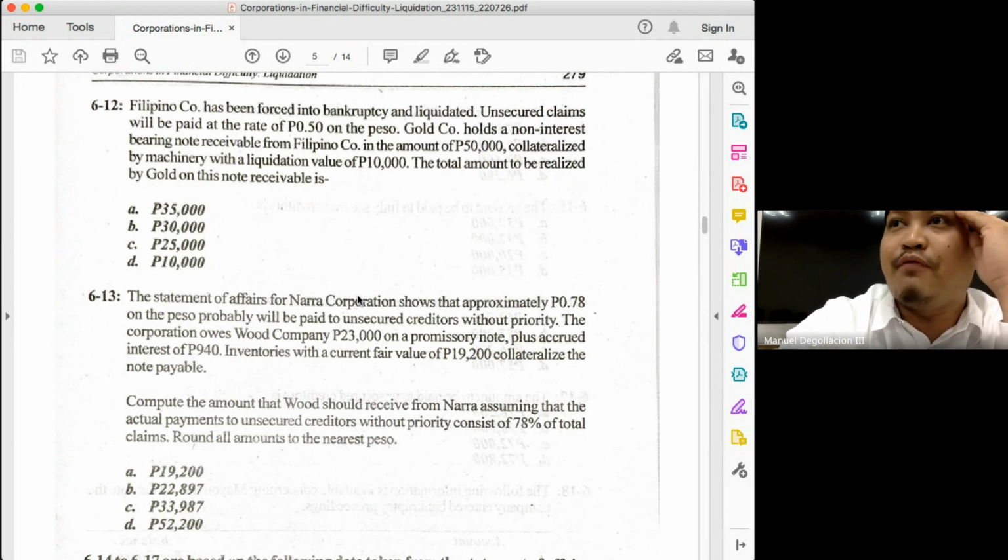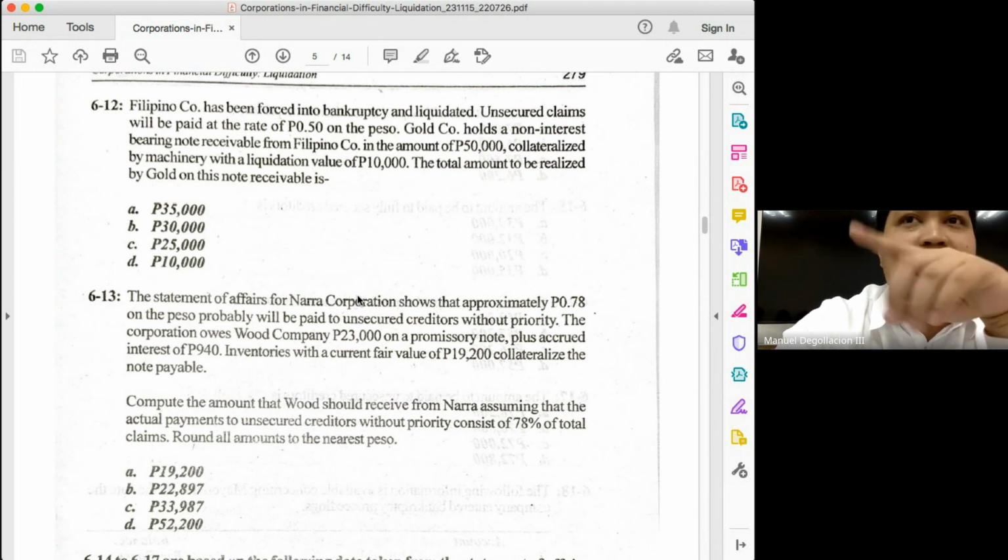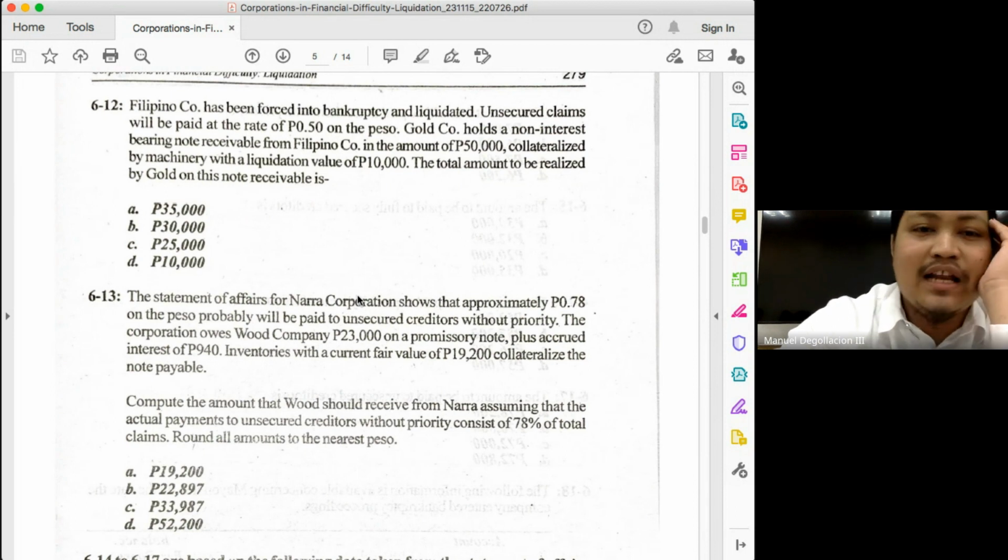What will happen to this 40,000? The 40,000 will be paid based on the recovery rate. And how much is the recovery rate? 50%. Okay, so how much is 50% of the unsecured portion? 20,000. Add that with the 10,000 value of the security. Total amount that will be paid for the promissory note will be 30,000.